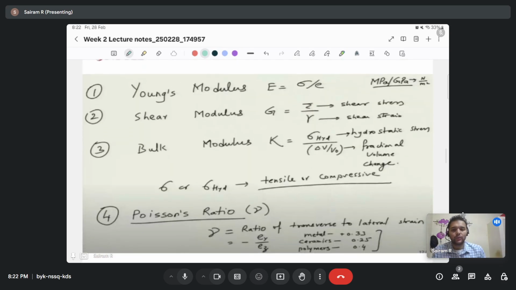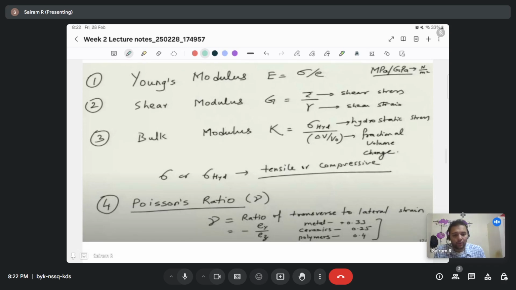Apart from the modulus, we saw a few other very important properties as well. So it's not just the modulus of elasticity. We can also see shear modulus. Shear modulus, represented as G, is the shear stress by shear strain.